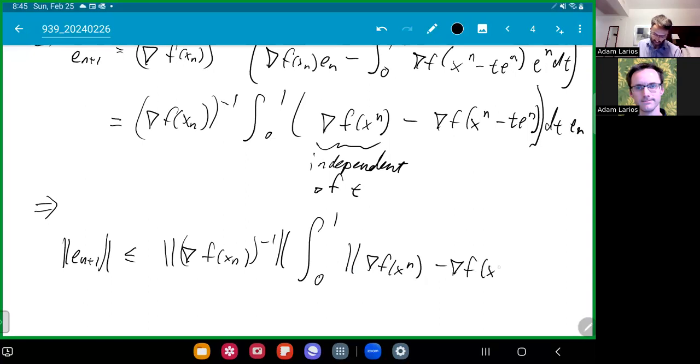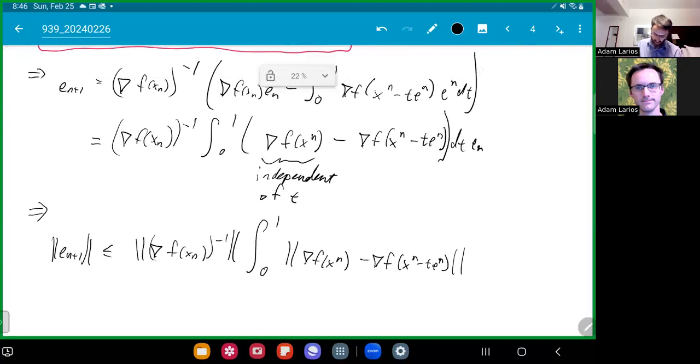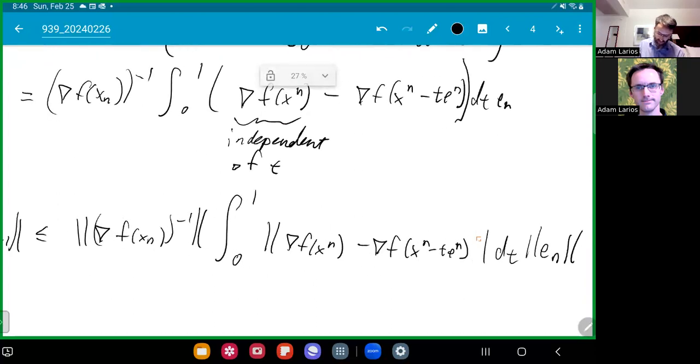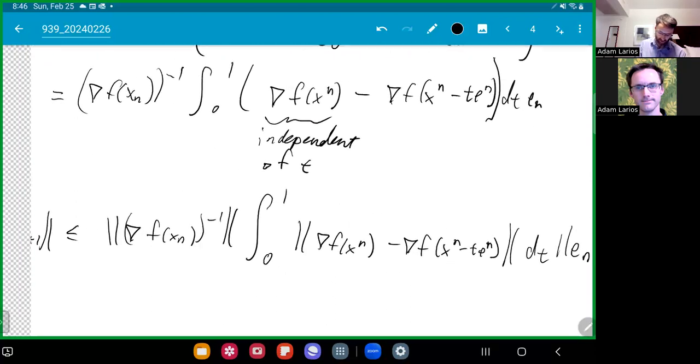So we have something like this, xn minus t En dt times the vector norm in this case of En. So it's a little bit funny looking, but not too bad.